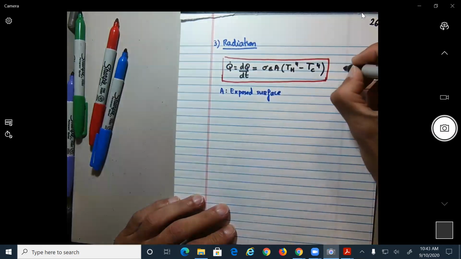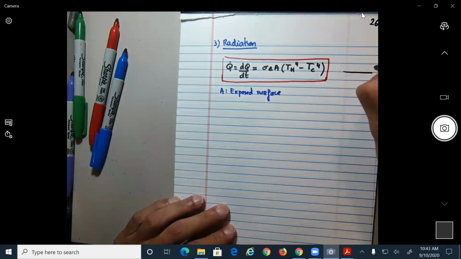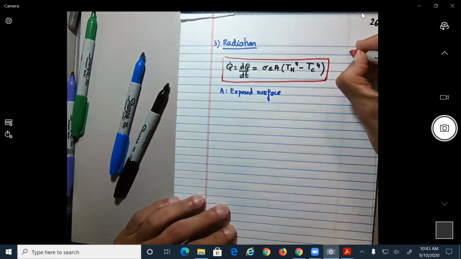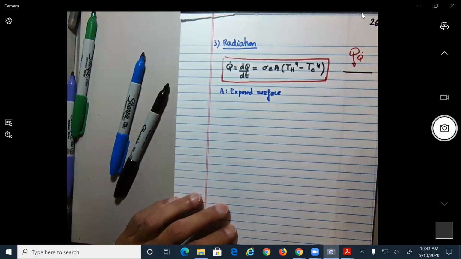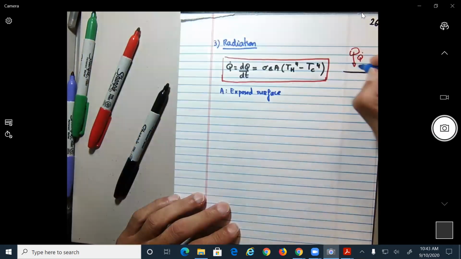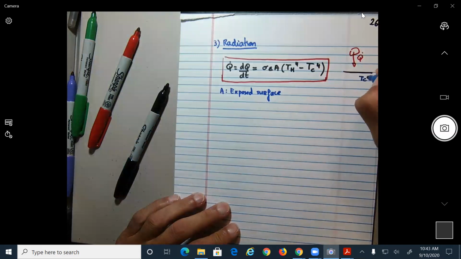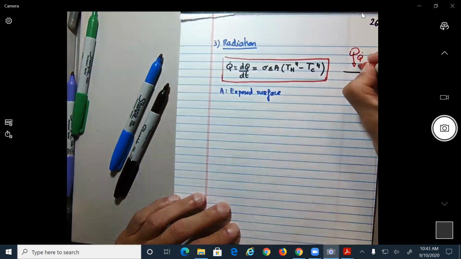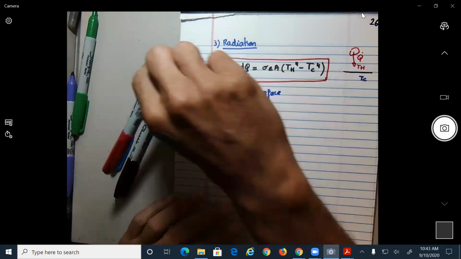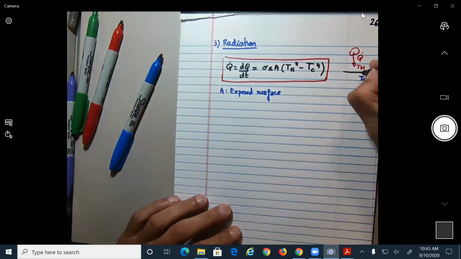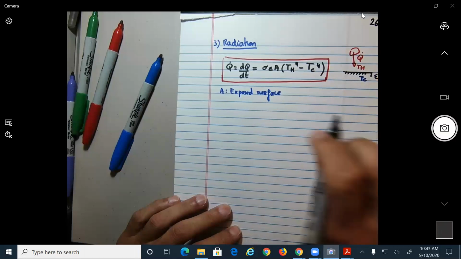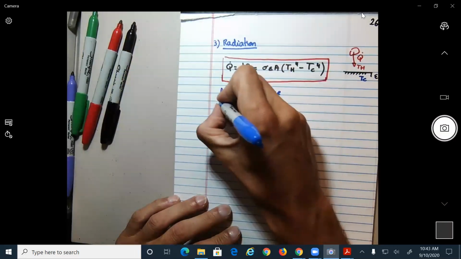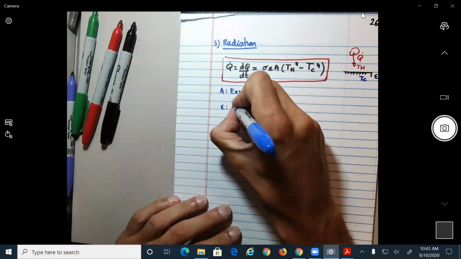Okay, here imagine you have a surface. You have the sun. It's going to expose some heat, okay? Let's say this is at temperature Tc, and the air is at temperature Th, okay? And the surface here, we have an epsilon value, which is called the emissivity.